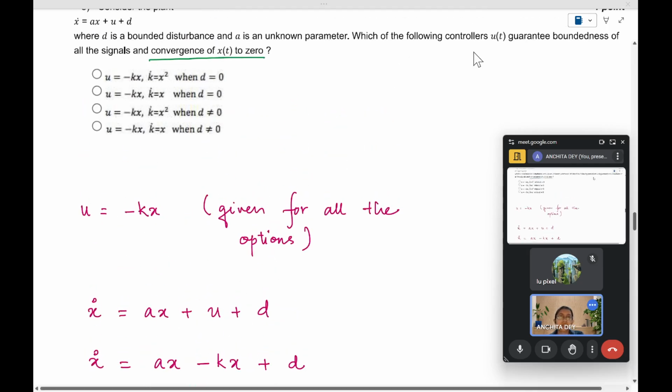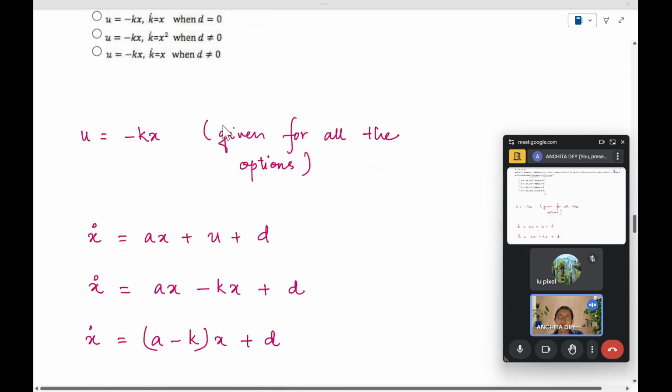So there are some options. In some of the options you have the disturbance considered to be equal to 0. In some of the options the d is not equal to 0 but is some bounded disturbance signal. So in which case will you be applying which controller? That's the question, to ensure that x(t) is going to 0.